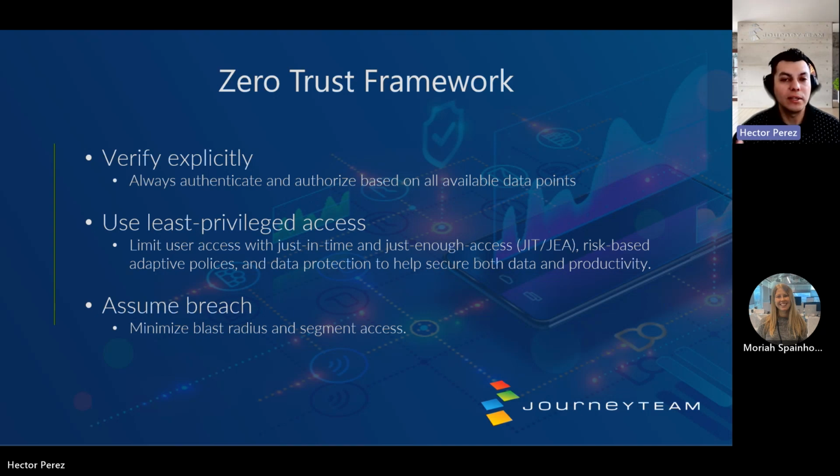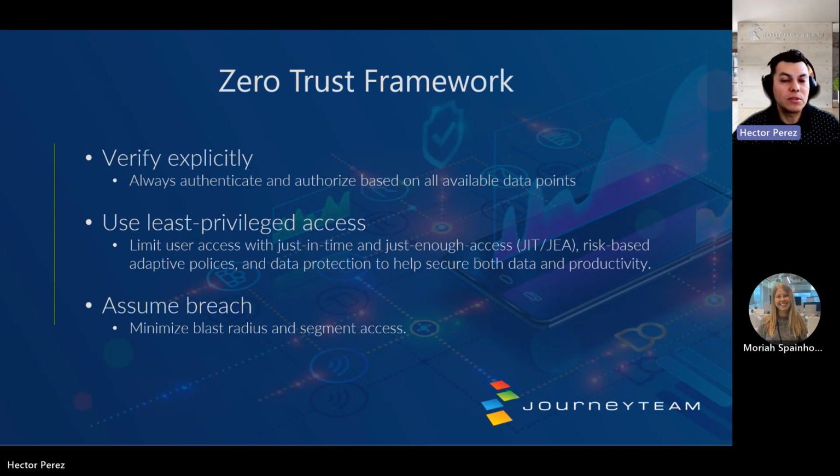So just as a whole in your organization, making sure that you're only granting access to your end users to the data that they need, and nothing else. So minimizing the opportunity for bad actors to impact a broader audience and a broader range of systems that you may have in your environment.